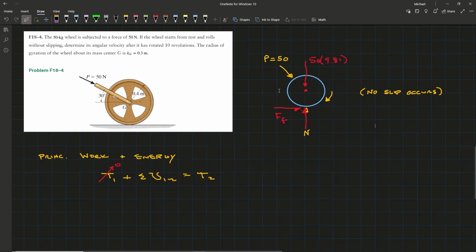And now we only have the horizontal component of this P that does any work. The vertical component, there is no motion in the vertical direction. So it's our horizontal P component. And so we can set up an integral from 0 to x. Now P cosine of 30 is going to be a constant. We'll end up pulling that out. But this x is the distance rolled. So I'll just put distance rolled.